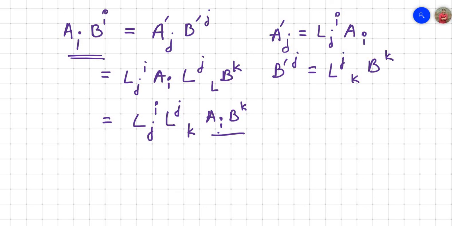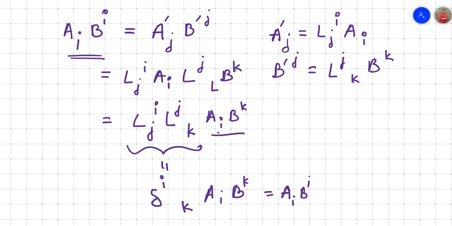In order to do that, this must be delta_ik, because delta_ik A_i B_k would give us A_i B_i. So that means that L_ji L_jk equals delta_ik.